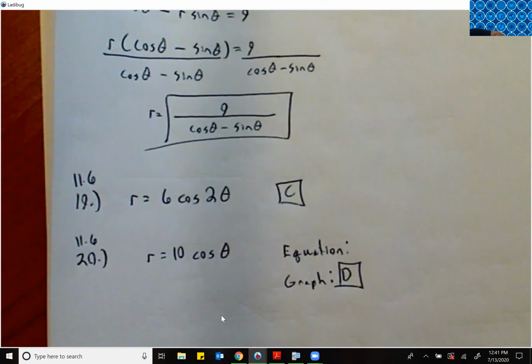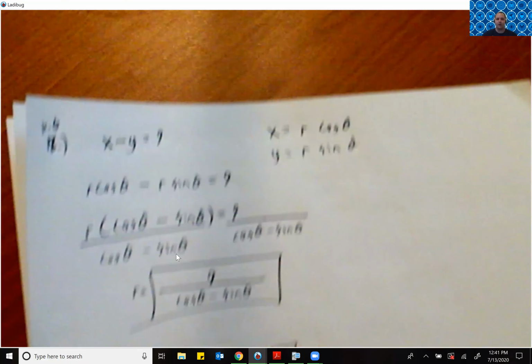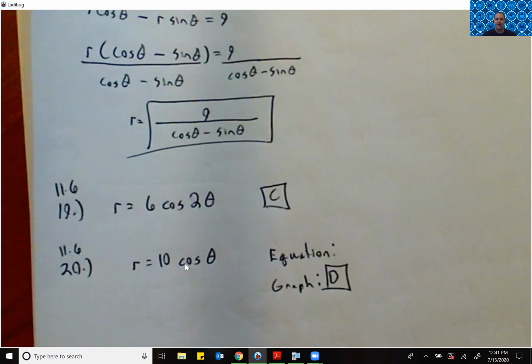So what we need to do is we have some equations that can help us out. We need to force an r in here because this thing almost looks like this. If I can get an r over on this side, I can change that to x.